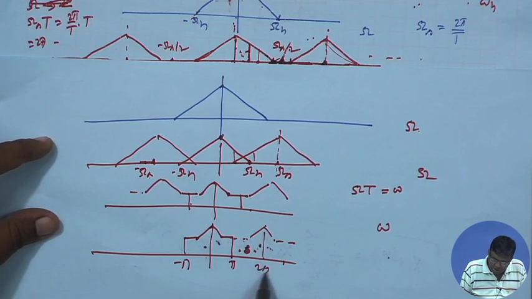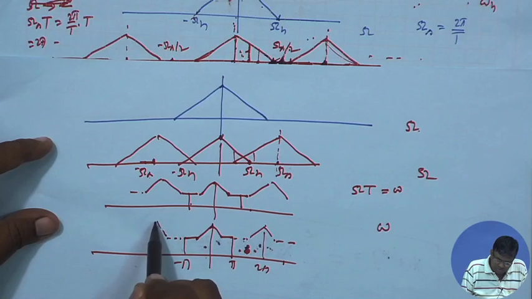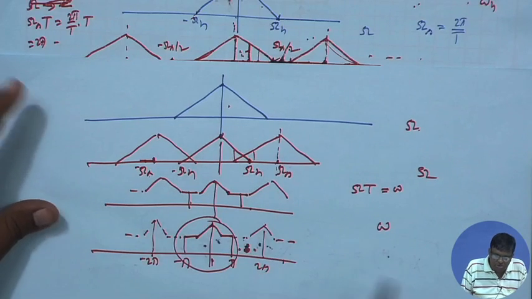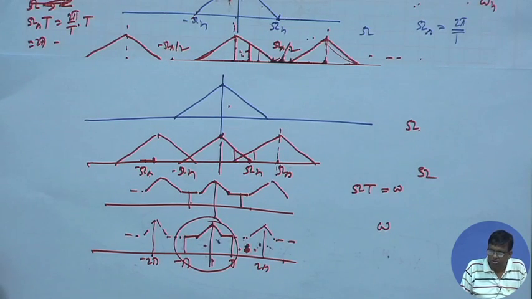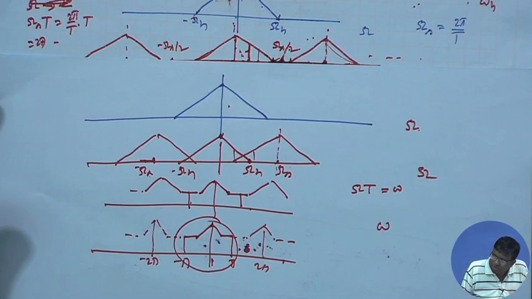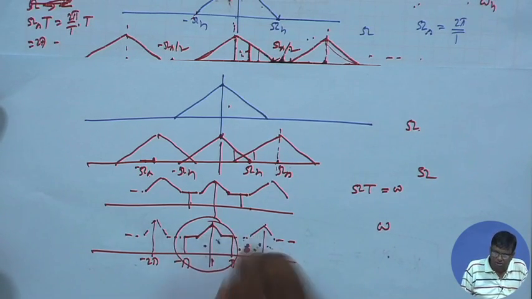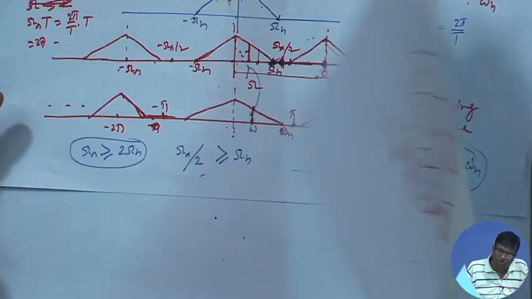This is 2 pi, like this. But from here this is not this, so your information is lost. Okay. So, this is the essence of this Nyquist theorem.